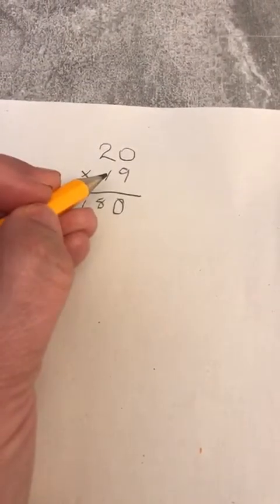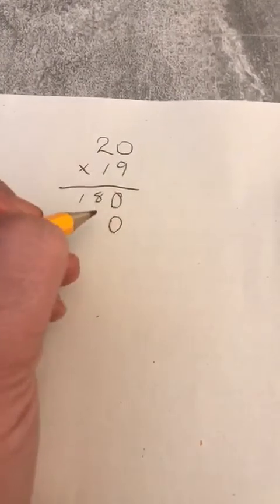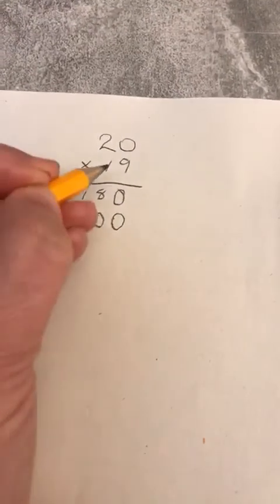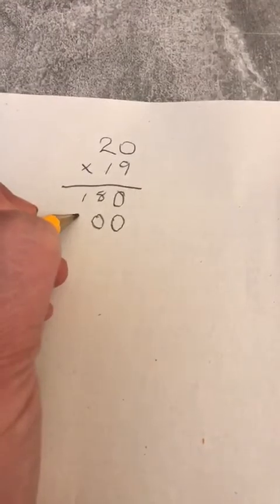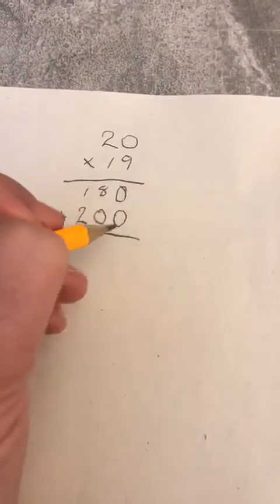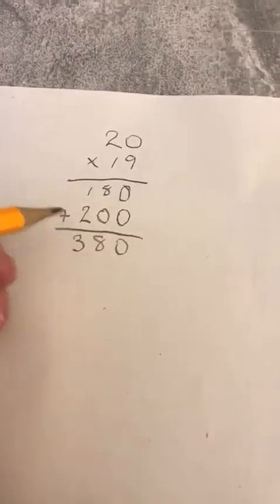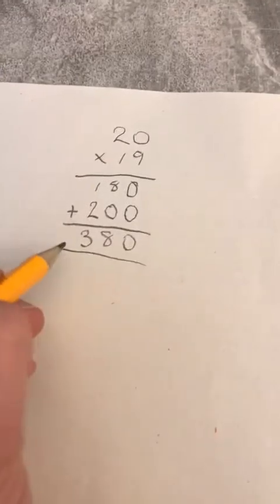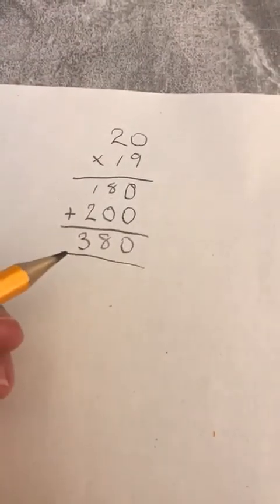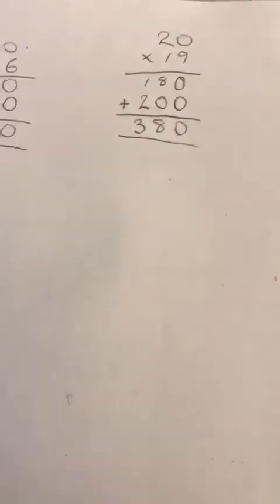And then I'm going to multiply by a tens number, so I keep my space. 1 times 0 is 0, 1 times 2 is 2. Draw my line and add my adding sign. Add them together now, and I've got 0, 8, and 3. I get 19 times 20 is 380.